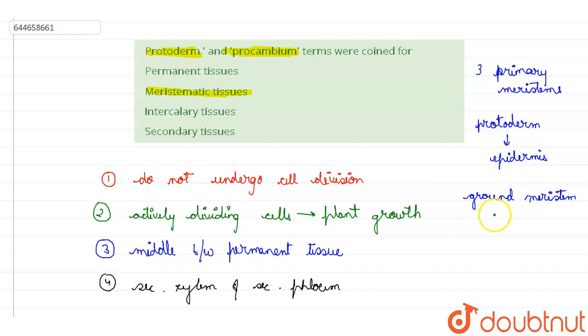After that comes the procambium, which is present between the xylem and the phloem, and it will become the vascular tissues, the xylem and the phloem.